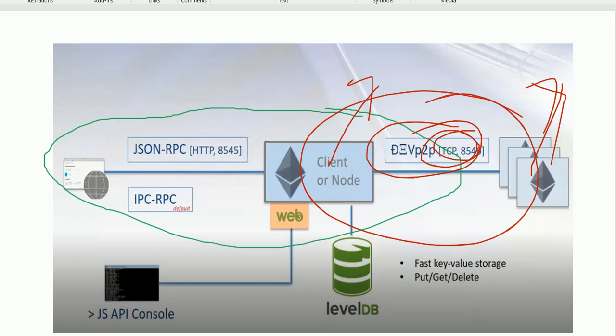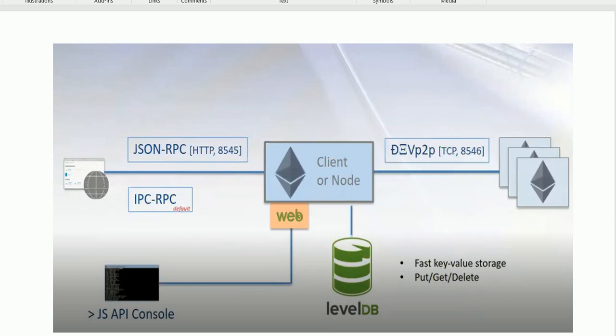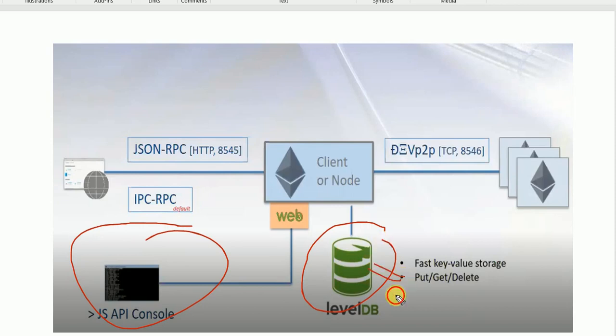Now the next step is, we can connect a console as well as any DB to our client. The DB can be, say, LevelDB or a NoSQL DB or MongoDB. We can connect many DBs with our Geth or with our client.